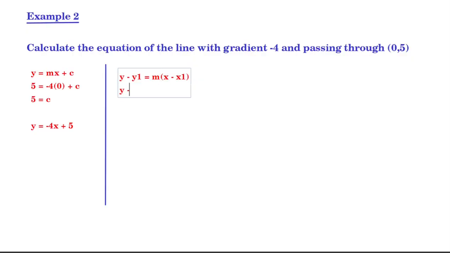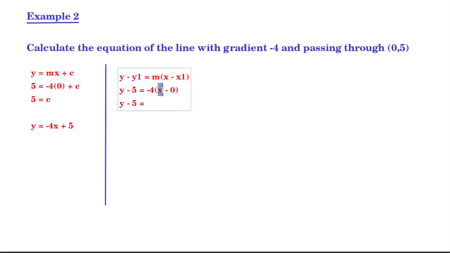So we have your y minus y1, that's 5. This is equal to the gradient, negative 4, into x minus your x1. What's the value of x1? That's 0. Let's go ahead and simplify this. You have your y minus 5 equals x minus 0, it's x.